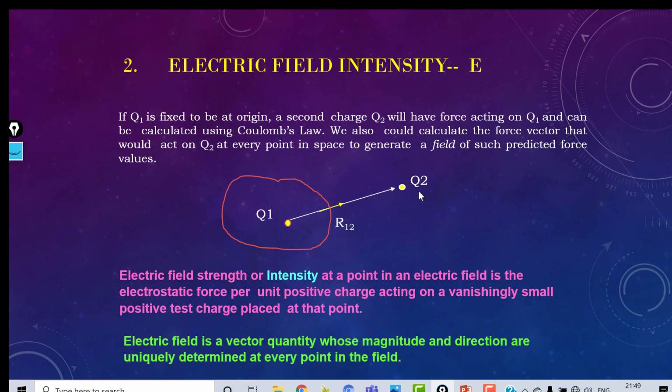So Q2 is experiencing a force. That force divided by this charge Q2 is nothing but the electric field intensity at this point due to Q1. So electric field is a vector quantity because it has direction, similar to force, whose magnitude and direction are uniquely determined at every point in the field.